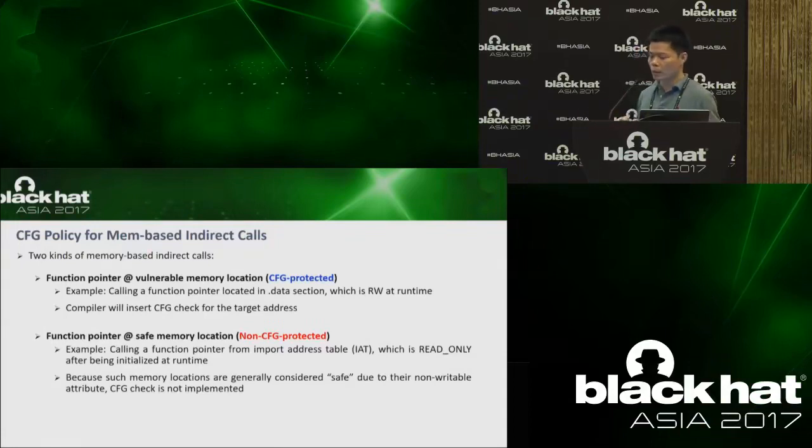Because the function pointer is read-only, even though CFG is turned on, the compiler would not insert a safe check function before this memory-based indirect call takes place. I'll give you an example on each case here.